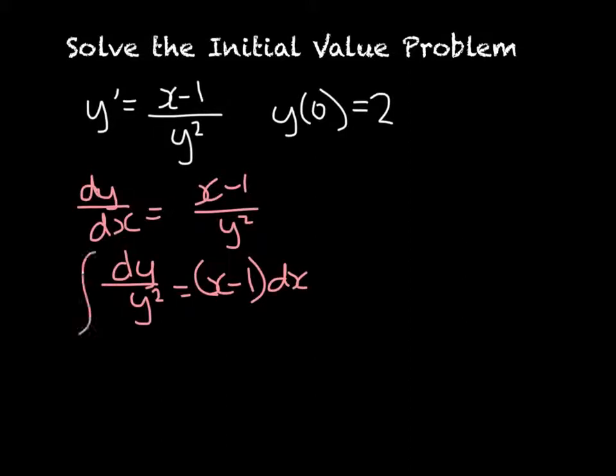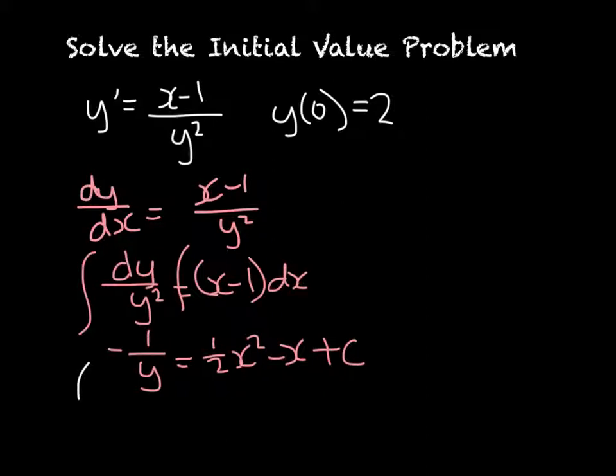Now when we integrate both sides, we get negative 1 over y equals 1/2 x squared minus x plus c on the other. Now to solve for c, we can plug in x equals 0, and that gives us negative 1/2, because we know that y equals 2, equals 1/2 times 0 squared minus 0 plus c. That just leaves us c.